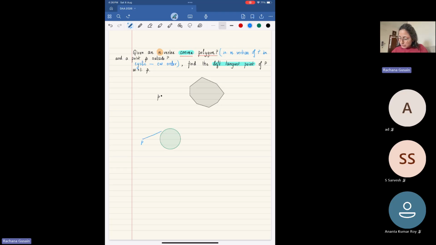Those are going to be these lines, those which just touch this circle. There can be exactly two tangents from a point outside the circle to the circle.